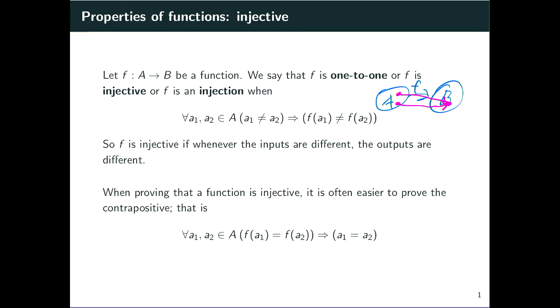You find 2 elements that are different and then show that they map to the same place. But if you want to prove a function is injective, it's usually easier to do the contrapositive. So for all elements, if they map to the same place, then they're actually the same element.